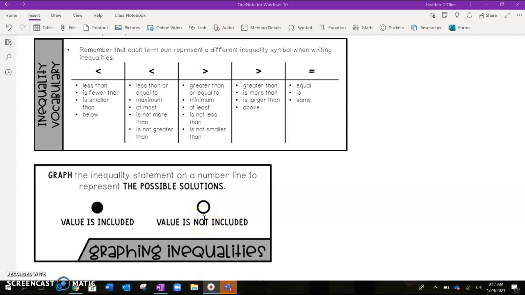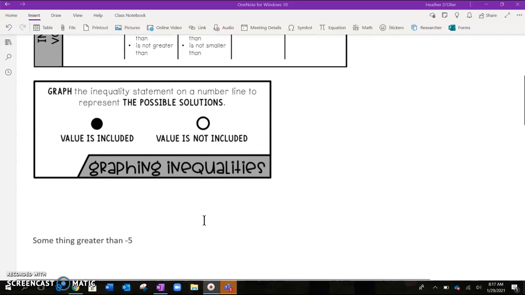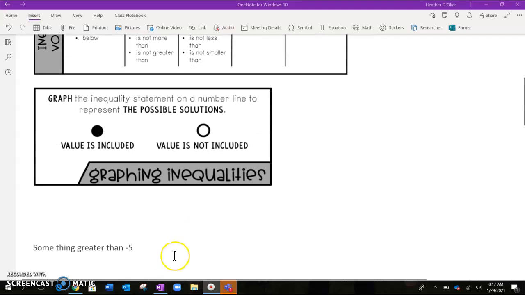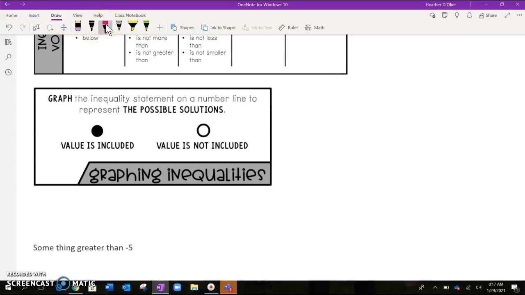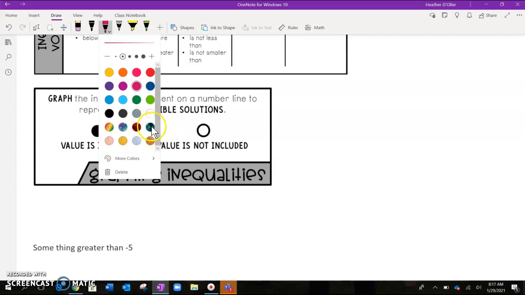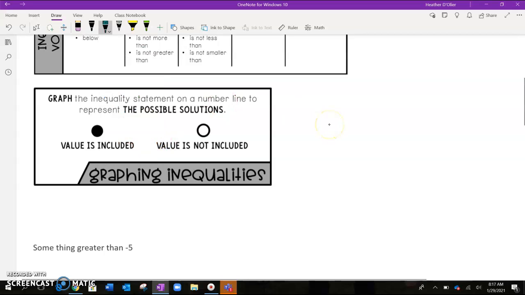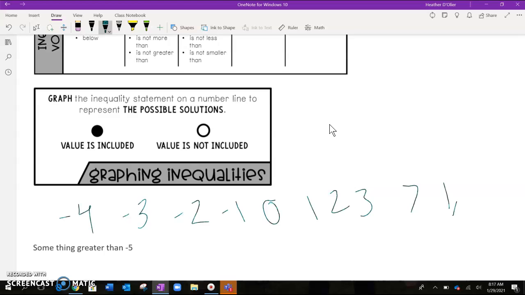And that can be a little tricky, so I'm going to try to explain it a little more. If I say a number greater than -5, that means I could say -4, -3, -2, -1, 0, 1, 2, 3, 7, 1 million, right?